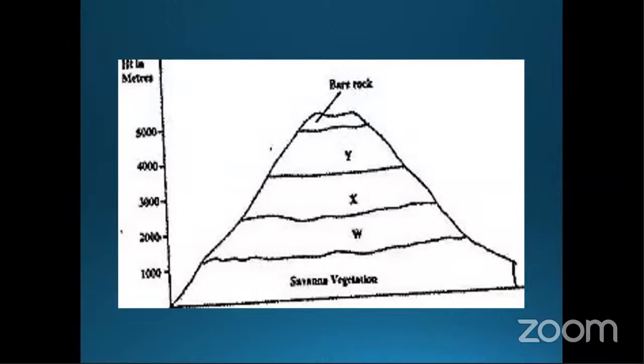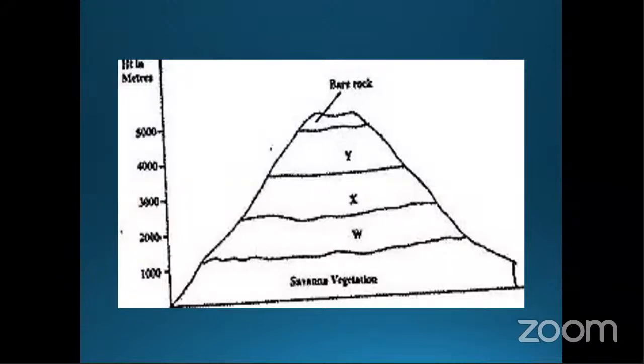Members, when you look at that type of vegetation that is displayed there, on a mountain slope, we don't have one type of vegetation. There is a variety. And you move from different types of land.